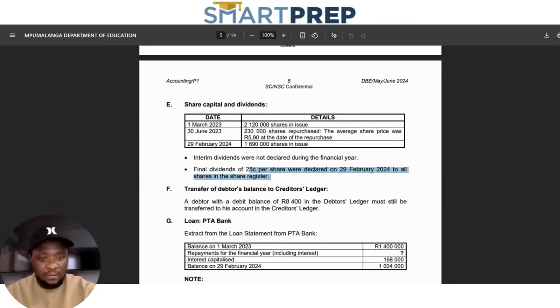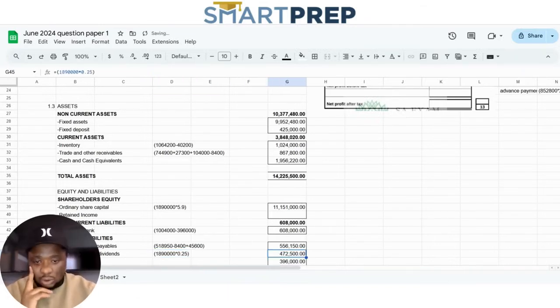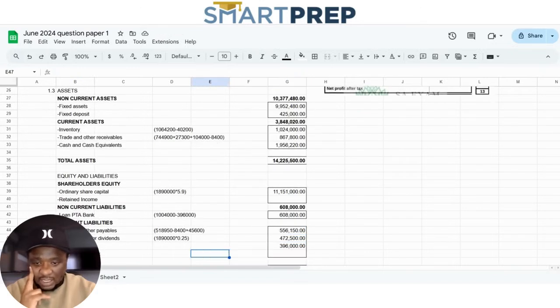Well, on the 29th of February 2024, the shares that are in the register are 1,890,000. So you're going to multiply 1,890,000 by 25 cents, so that's 0.25. And then that is going to give us our shareholders for dividends amounting to 472,500.